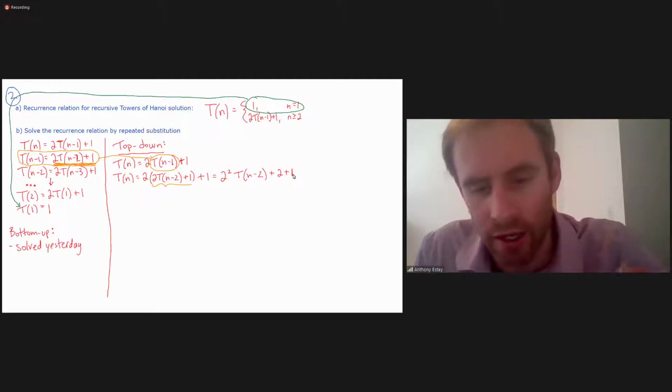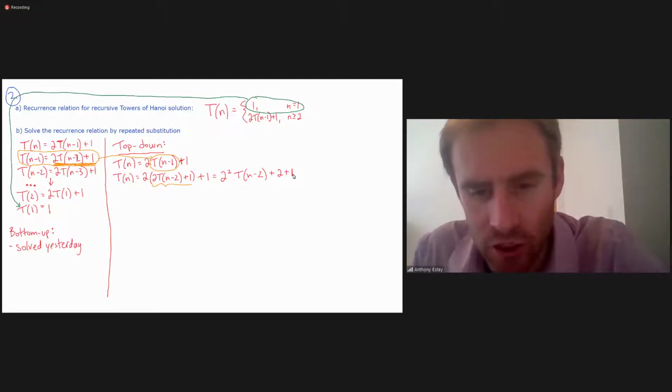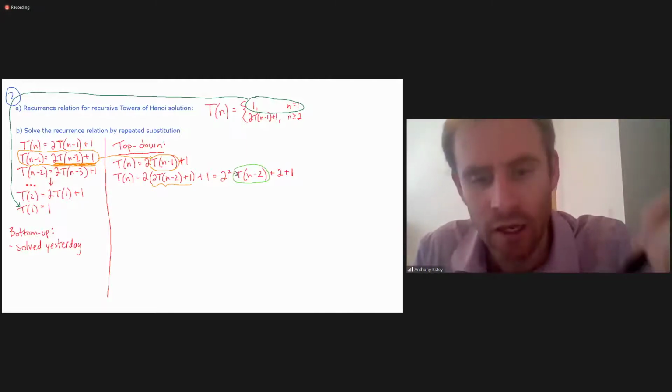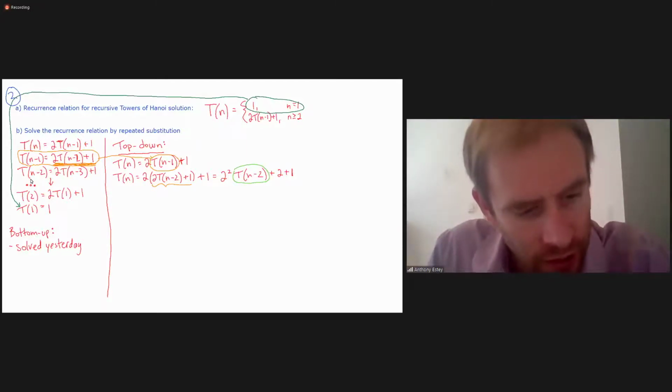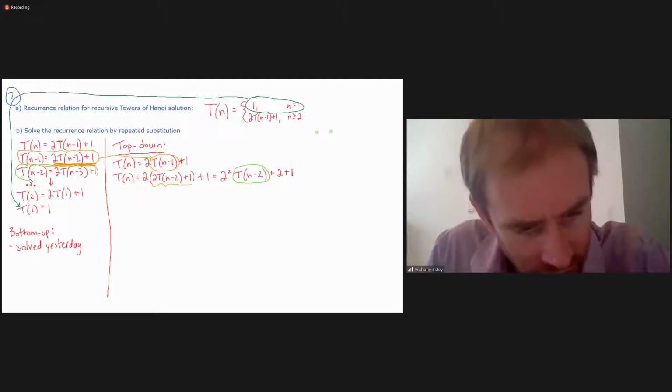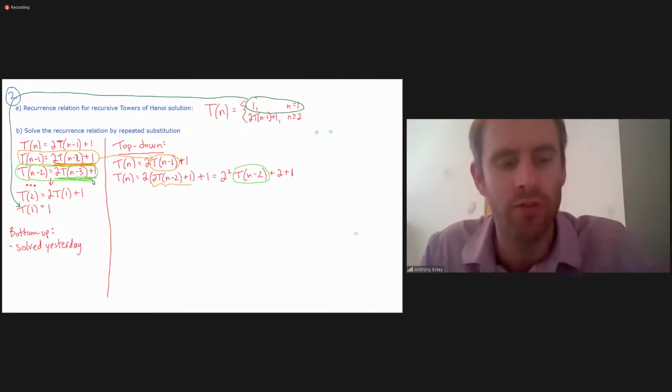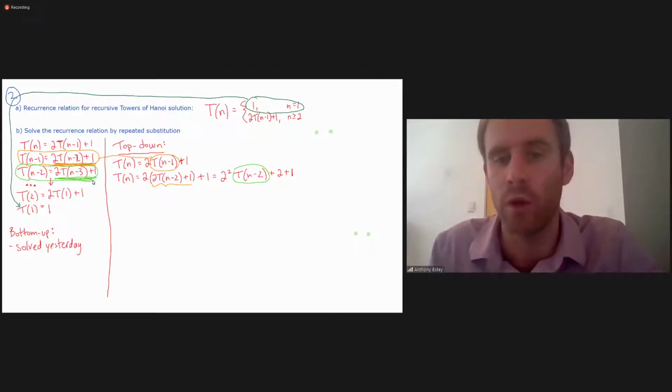Again, I can now make a similar substitution here. I know that I can substitute t of n minus 2, because I've got that over on the left side as well. So I'm going to replace that t of n minus 2 with 2 t of n minus 3 plus 1.